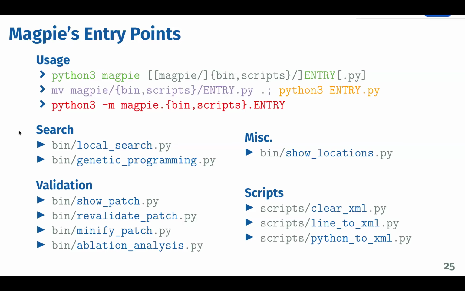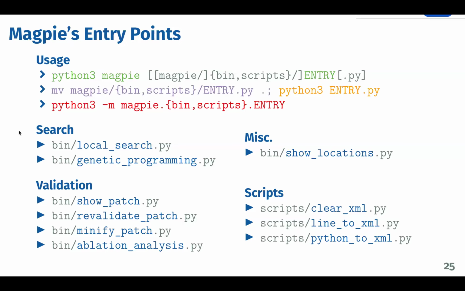It provides one utility to show you all the different locations and one utility to show you the patch. So if you have a patch in Magpie format, it will compute the diff. You can revalidate one patch. It can take one patch and try to make it smaller. It can try to explain one patch.